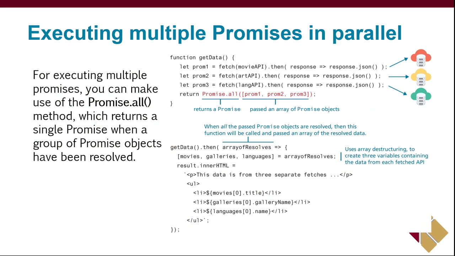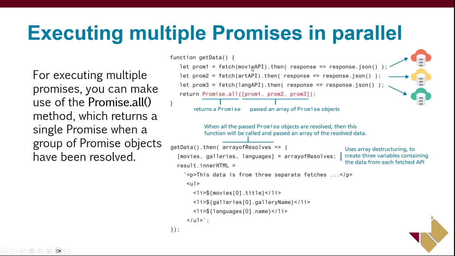You can have an array of promise objects as long as they are targeting different objects. Okay, so that's what we have here.